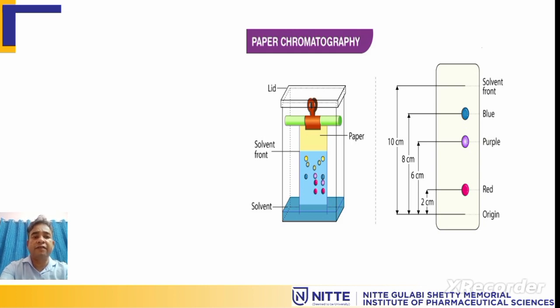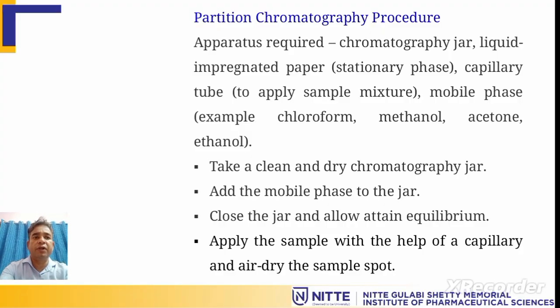Otherwise, where it is a colorless compound, you have to run it till two-thirds of the paper or slightly more, depending on the solvent not running out of the paper. So these are all the precautions you have to take when handling paper chromatography. So this is the apparatus and procedure.